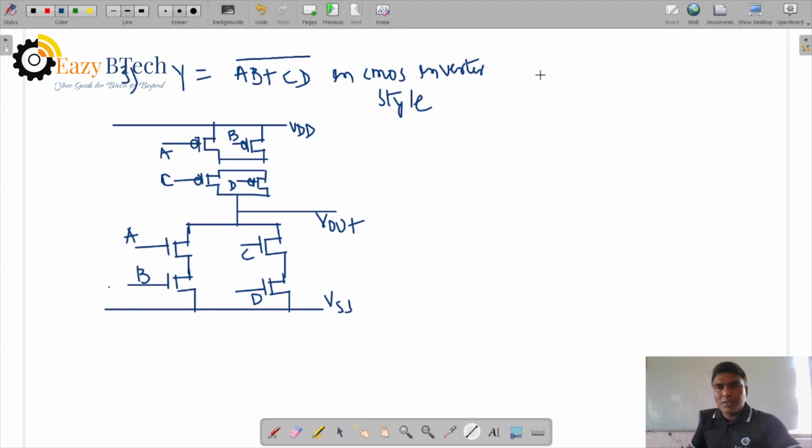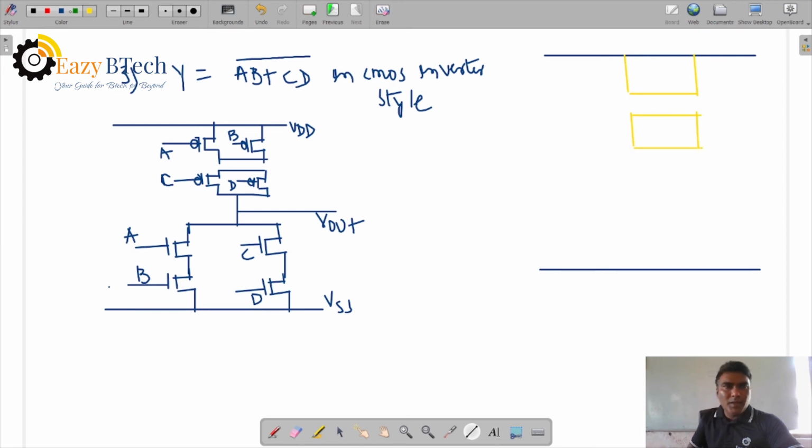First VDD, VSS. VDD and VSS are blue color. Now take A and B in parallel. If the P diffusion is the same color, we can join them both. And here one more P plus diffusion for C and D, both in parallel. So drain terminal, source terminal we can take.